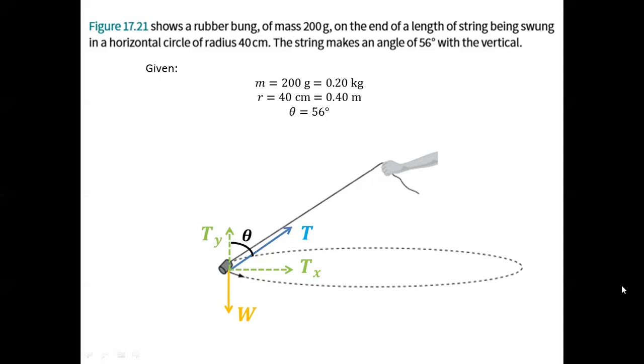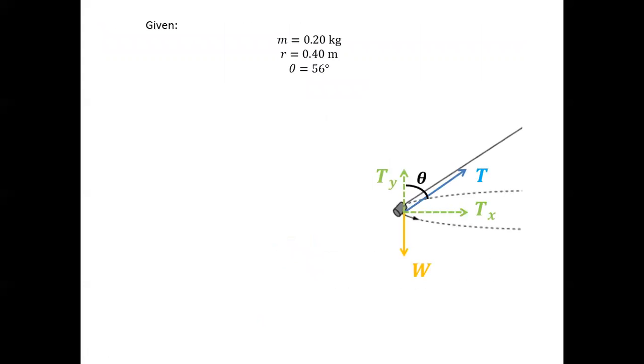Okay, now that we have listed the given as well as made a free body diagram, let's proceed to making our working equations. So let's consider first the forces acting along the horizontal. On our free body diagram, there's only one force acting along the horizontal, which is the horizontal component of tension. So the summation of forces along the x will be equal to T sub x.